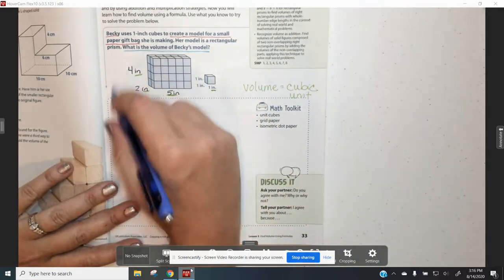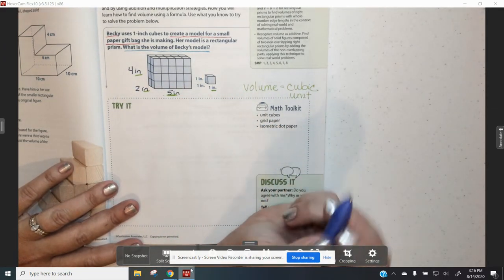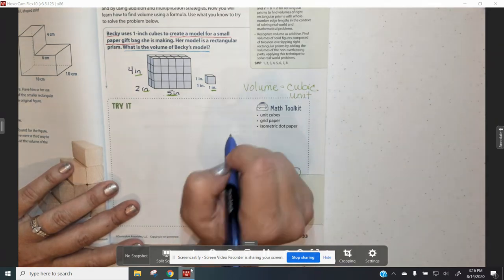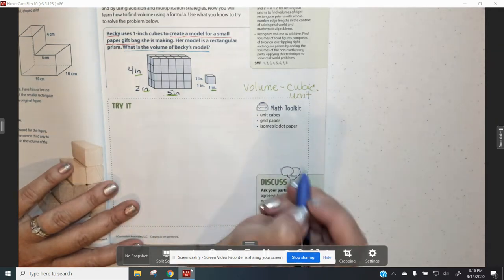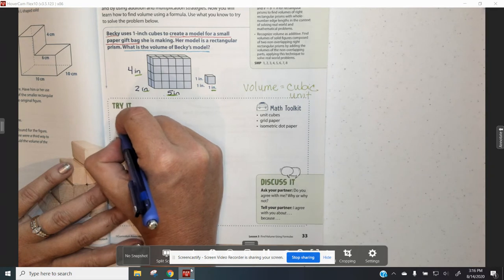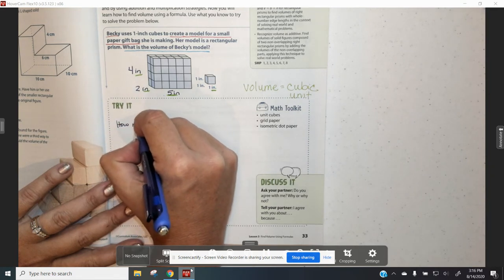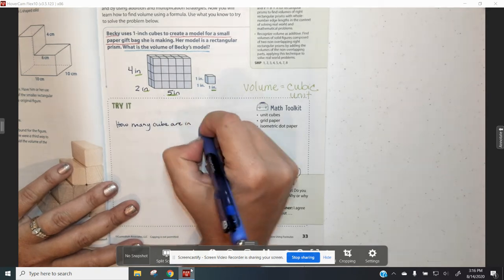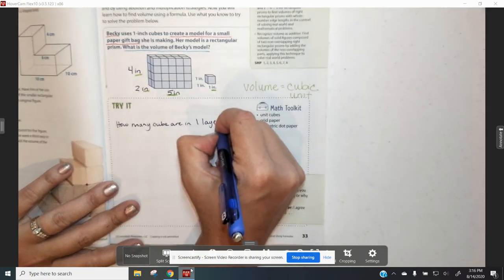After we have that important information, we can solve it. I'm going to go ahead and solve it today without drawing a model. I'm going to first find out how many cubes are in one layer.